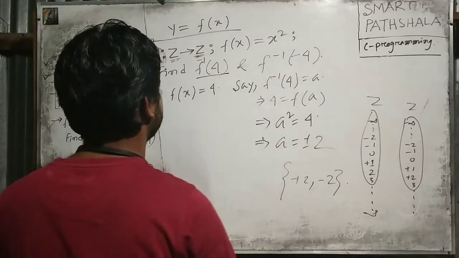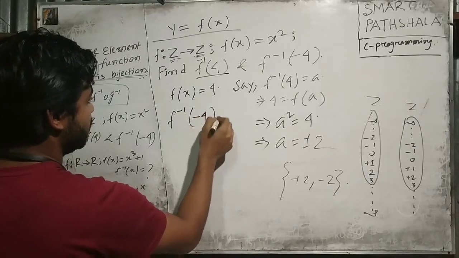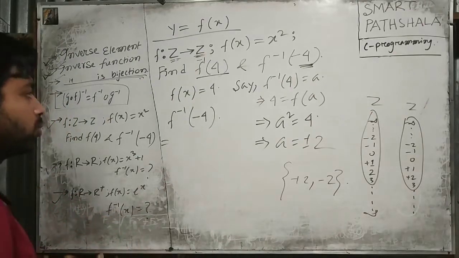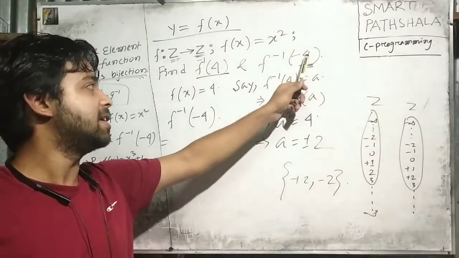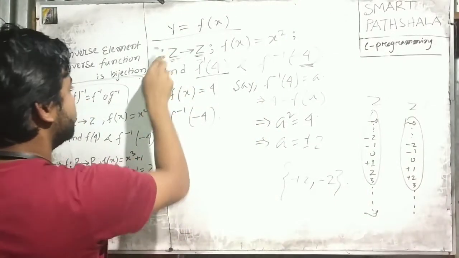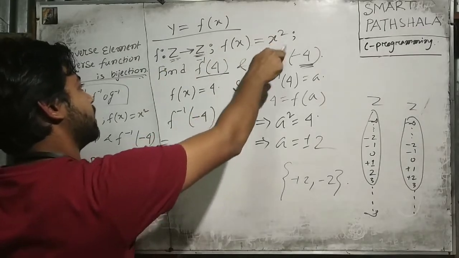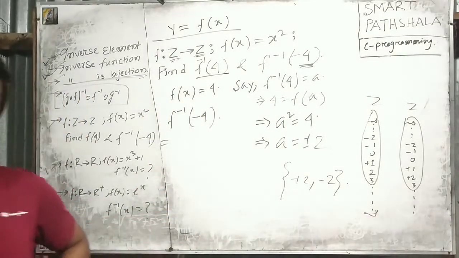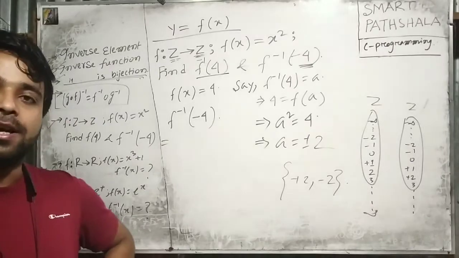Now in the second case, where it has been asked to find f inverse of minus 4, notice that this minus 4 belongs to the codomain of this function f. The function f is defined by x square, so whatever term is there is a perfect square. Now there is no perfect square in the universe, if x is a real number, that is negative. x square is not negative.